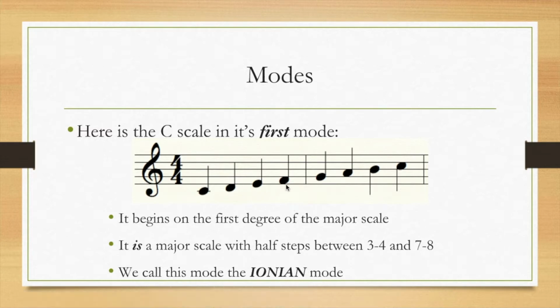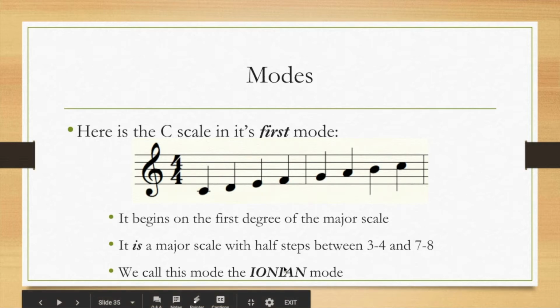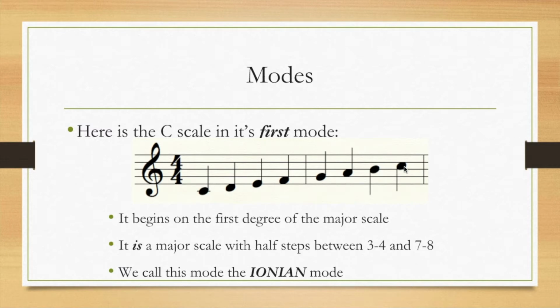Between steps 3 and 4 and 7 and 8, we have half steps. That's where the half steps are in an Ionian mode, between 3 and 4 and 7 and 8. That happens to be where the half steps are for a major scale. You guys already know that. So you already know the Ionian mode. That's a major scale. All right?